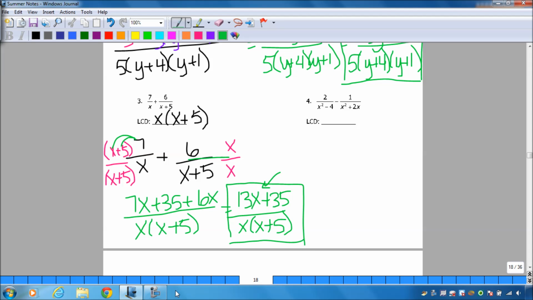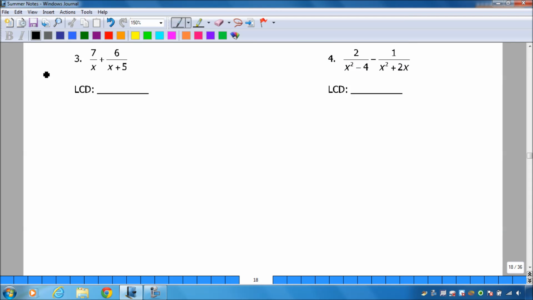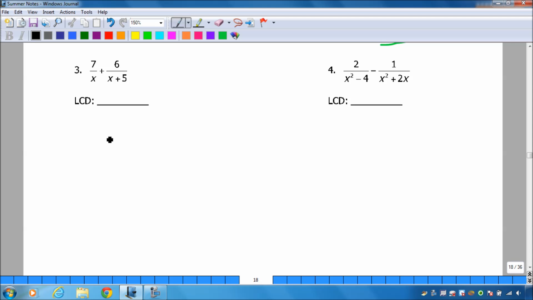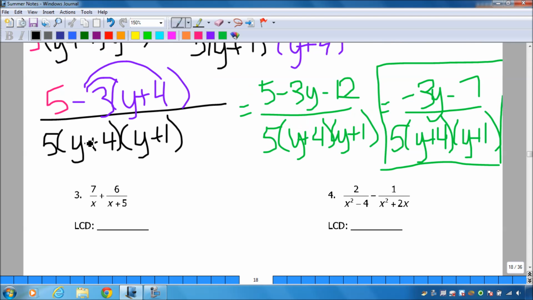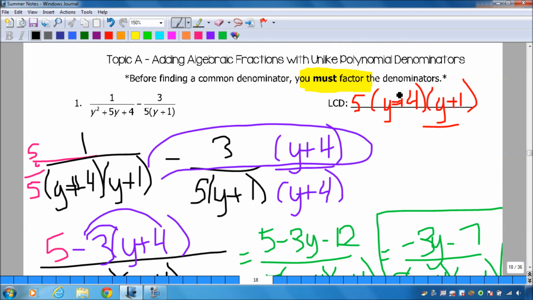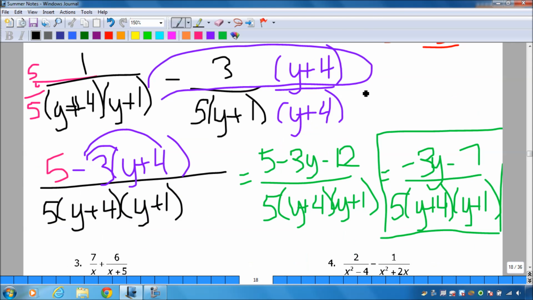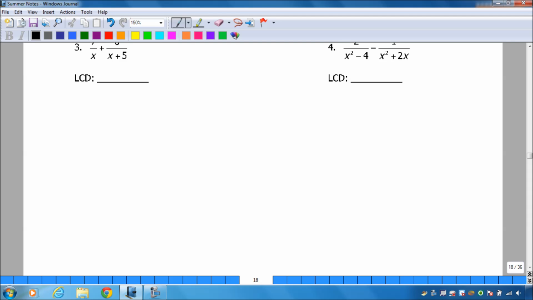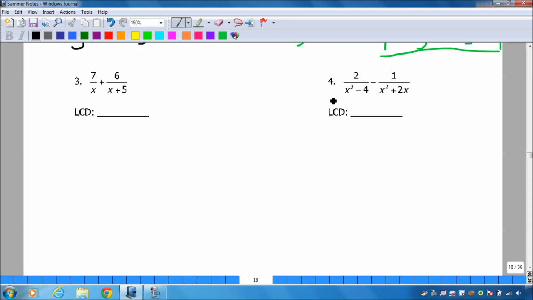All right. Last question we're going to do in this topic is question number 4. Before we move on, you're going to need to write small so that you can get through this question with enough room on your paper, just to give you a heads up. Now, be really careful. Remember, we said you must factor your denominators. You must factor the denominators before you do anything else, if they're factorable, and they are.